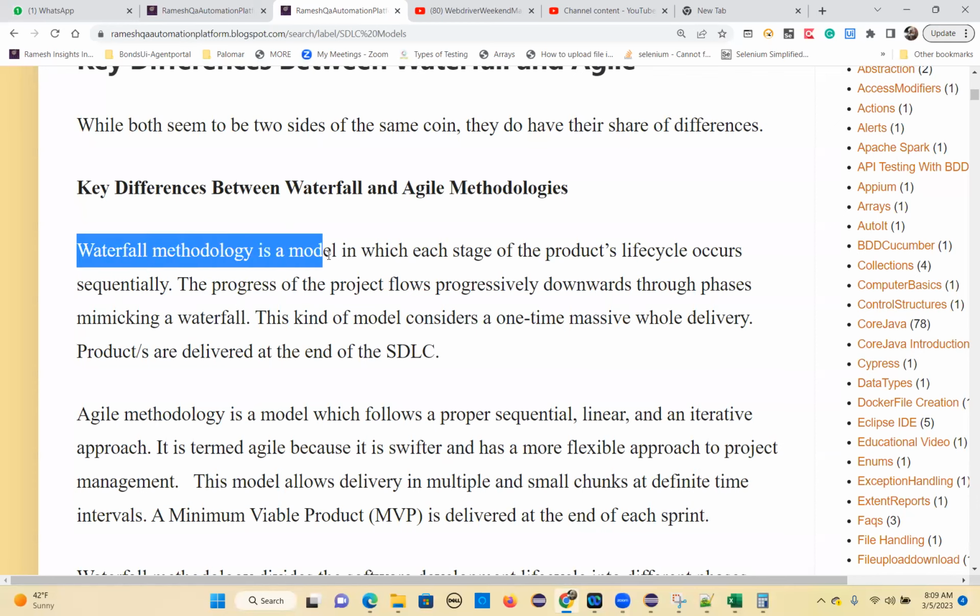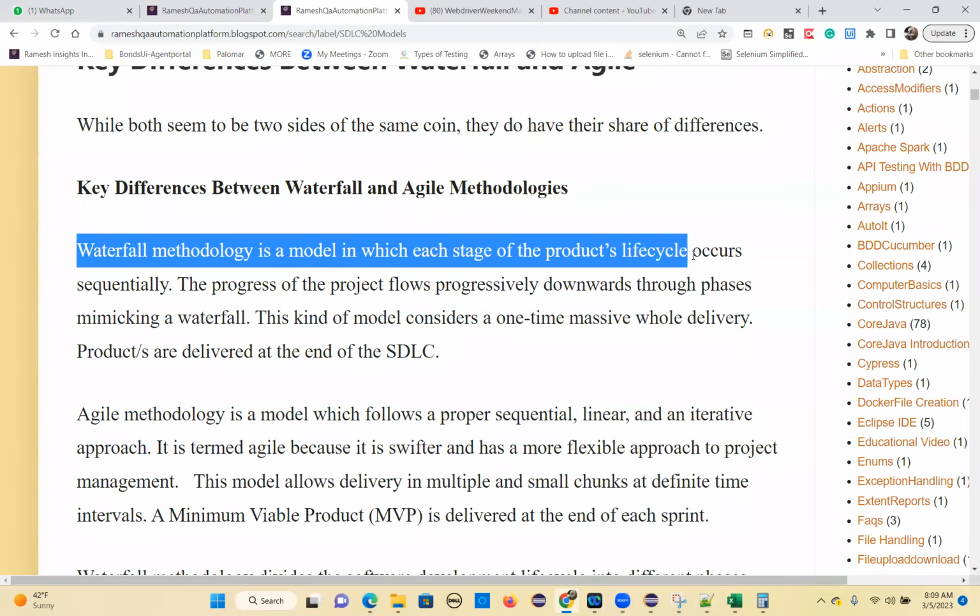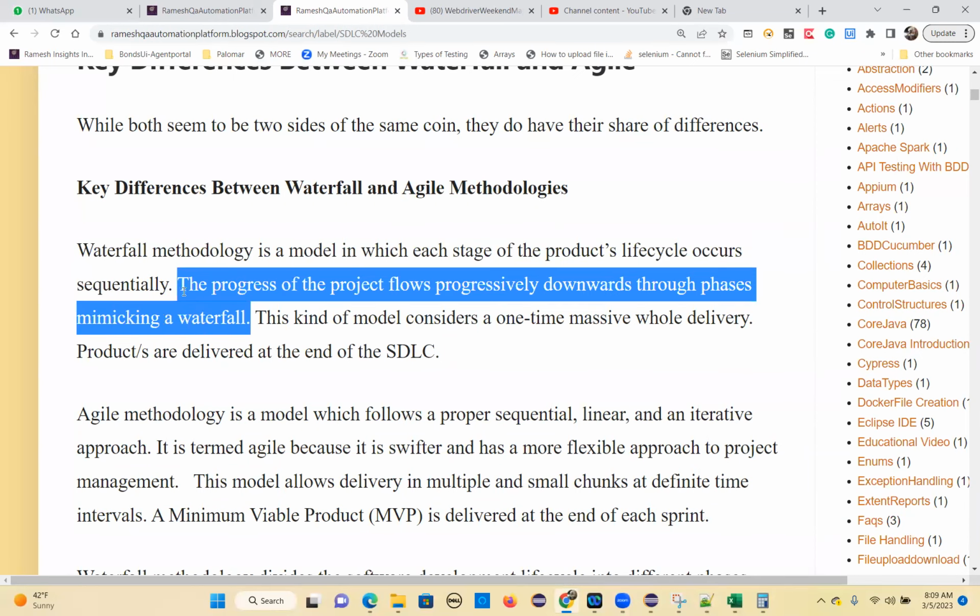Waterfall methodology is a model in which each stage of the product's life cycle occurs sequentially. Just now we said linearly or sequentially, one after the other. The progress of the project flows progressively downwards through phases, mimicking a waterfall. Waterfall means top to bottom, it flows down, right?